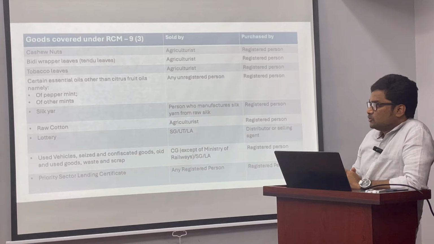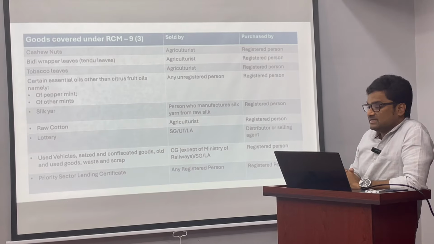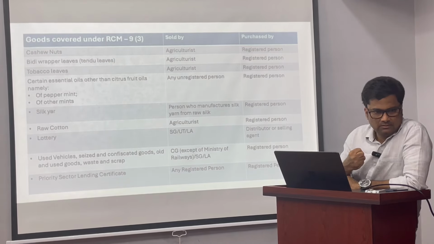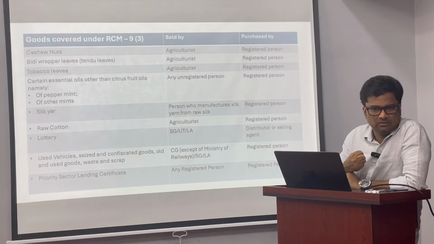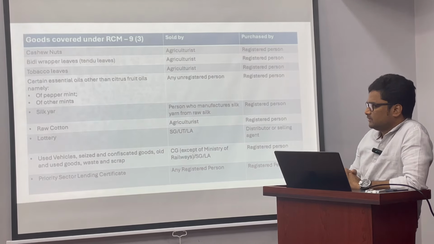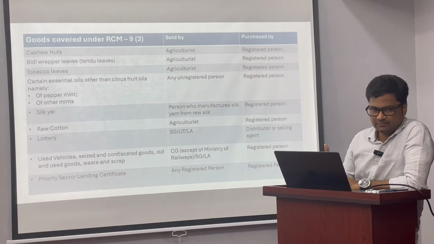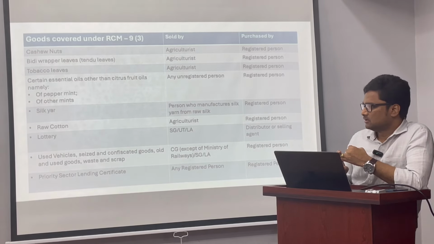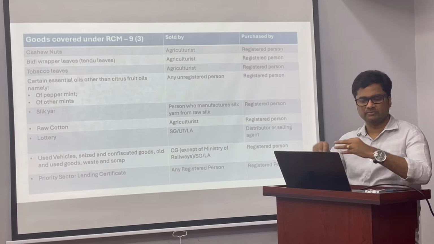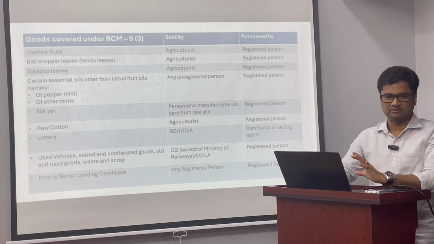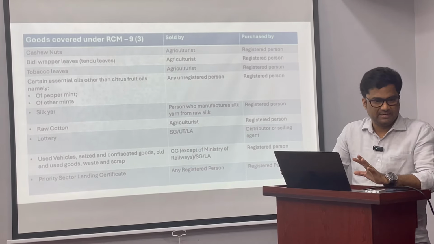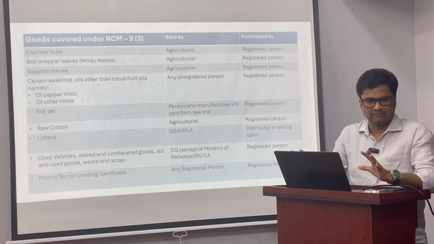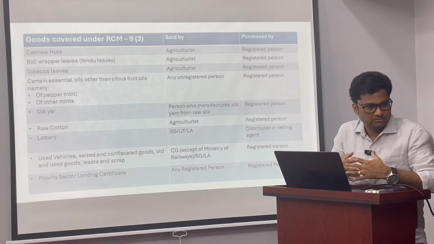Used vehicles, seized goods. We'll discuss what we mean by seized. Used vehicles, seized goods, confiscated goods. Seized goods means when you are dealing with some goods unauthorizedly, illegally, there are certain provisions under which government can seize the goods.